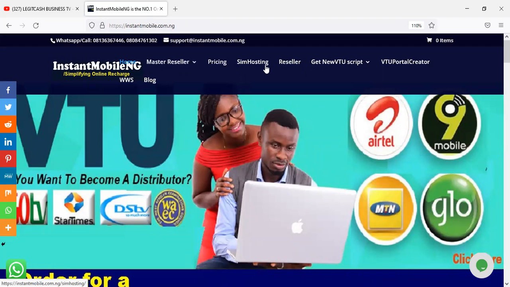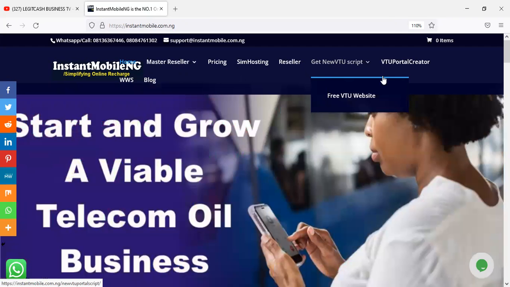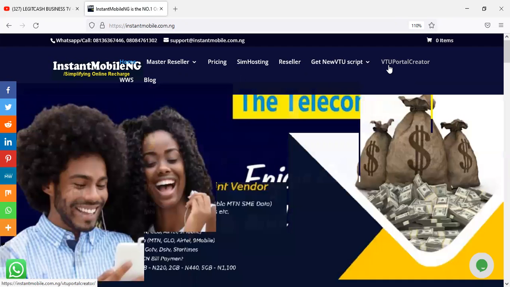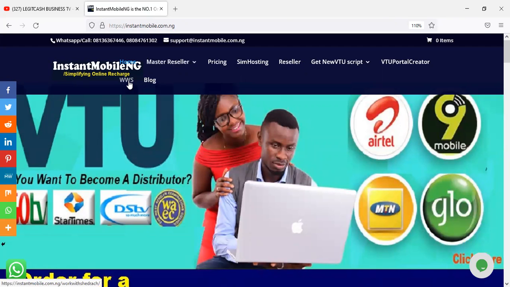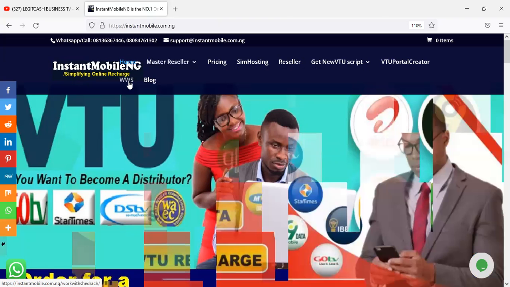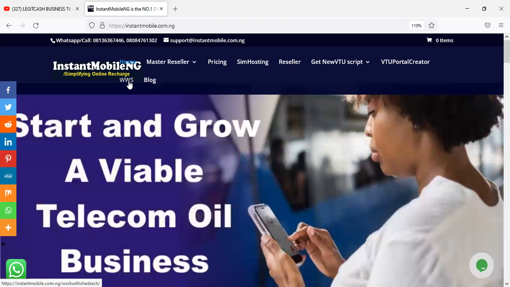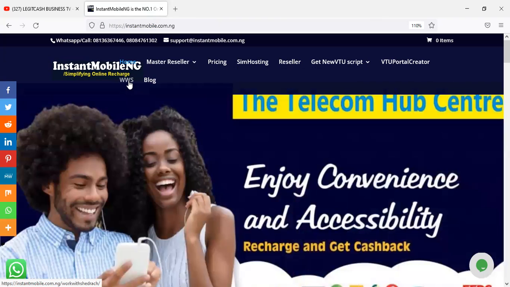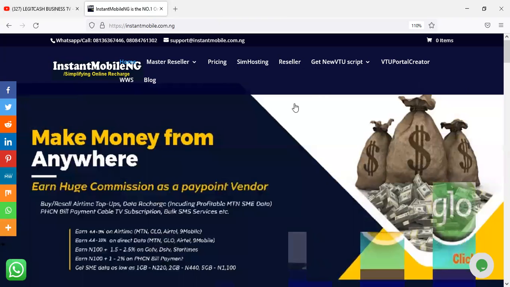We also have the SIM hosting solution, the reseller, the new VTU script, and the VTU portal creator for those of you that want to own the business. They will now have the VTU boot camp code. By next month, we'll be launching a very sophisticated e-learning system that will cover training on VTU technology. All these are what we have in stock for you.